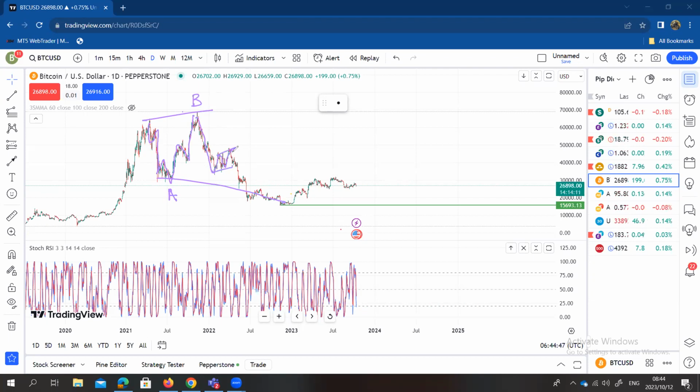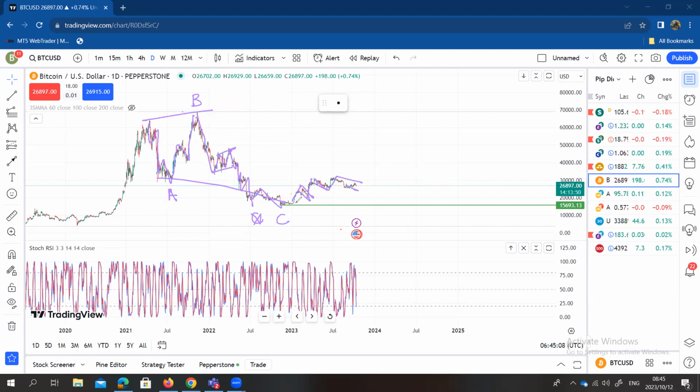This is also an ABC corrective structure. So it's a 5, 3, 5 corrective structure giving us a wave C, terminating around those levels there. Then now the market is giving us a bullish trend to the upside, okay?